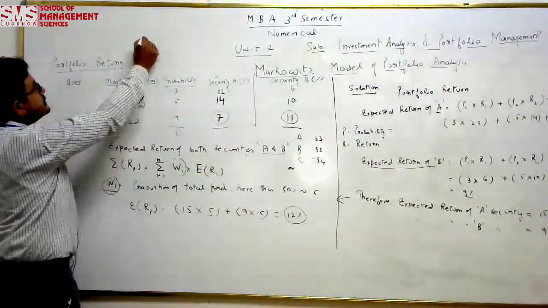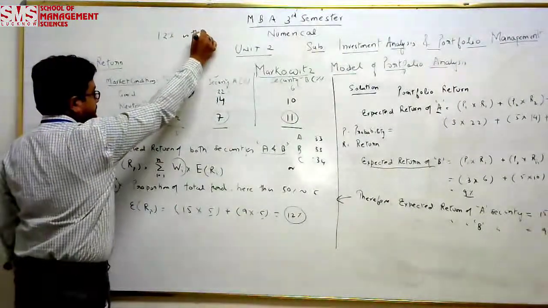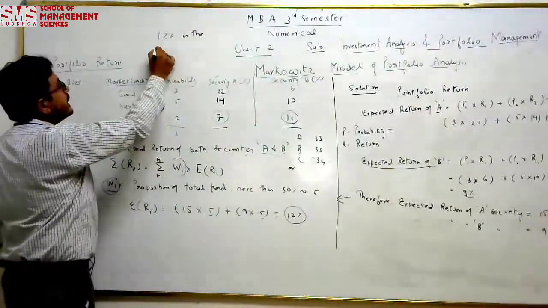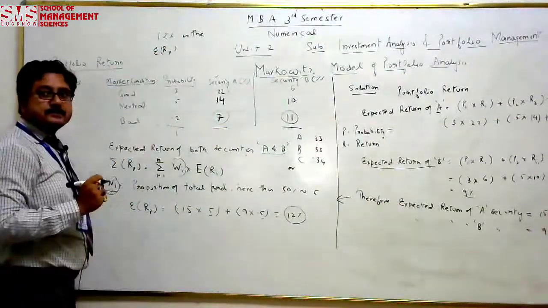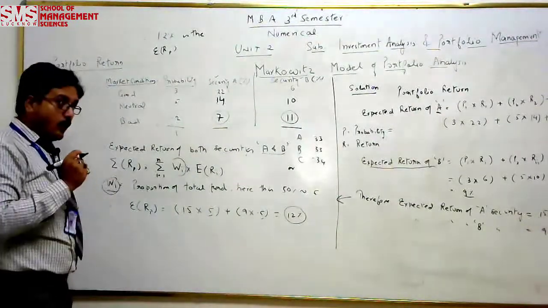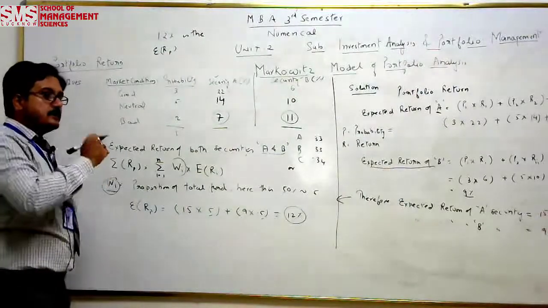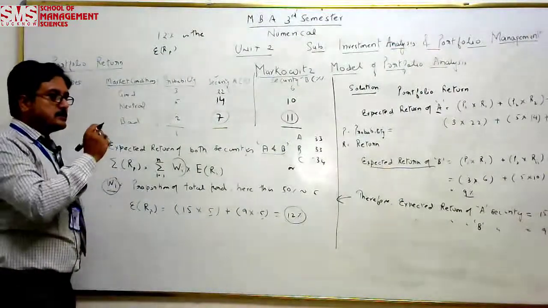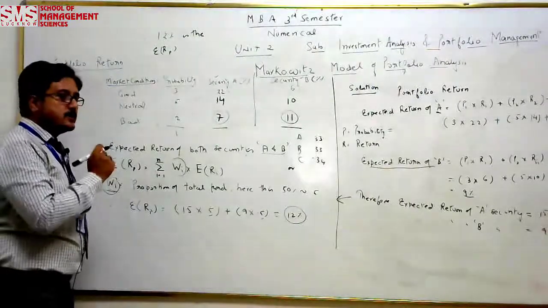Therefore, 12% is the expected return of the portfolio. I hope you understand this, and if you have any query, you can go to our college website and check our details of the theory.